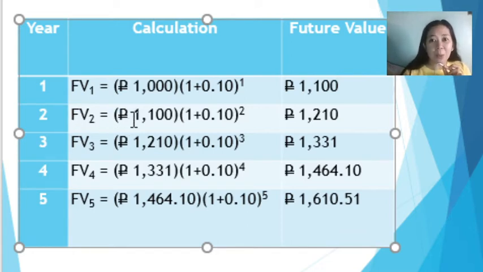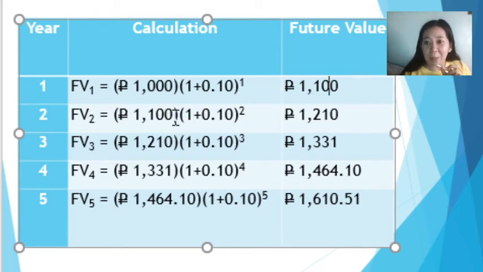Moving on to the next period, year 2. For year 2, we will use the future value that we have in the first year. If you notice in our illustration, the future value here is 1,100, which is now the new principal amount, or in this case, our future value.